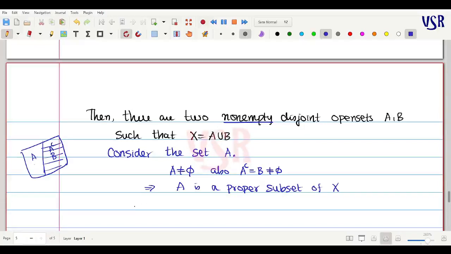That is, A is not equal to empty and A is not equal to X.